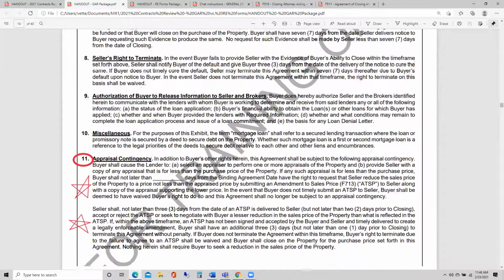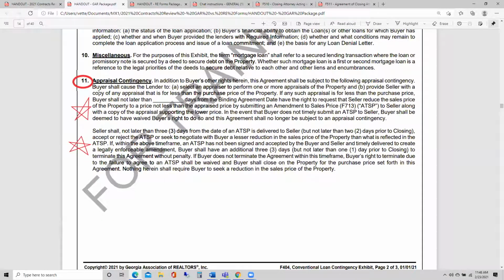This is all spelled out under this appraisal contingency paragraph 11. Conventional loan, binding under GAR, low appraisal, the buyer absolutely must give the seller the opportunity to sell it to them for the appraised price. The buyer must send over the amendment to the sale price.